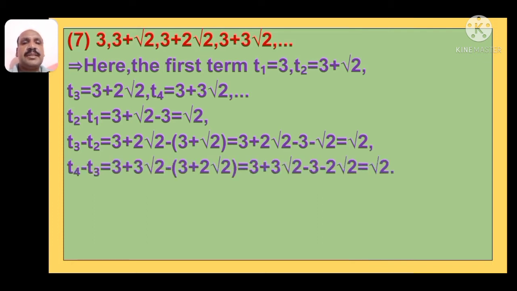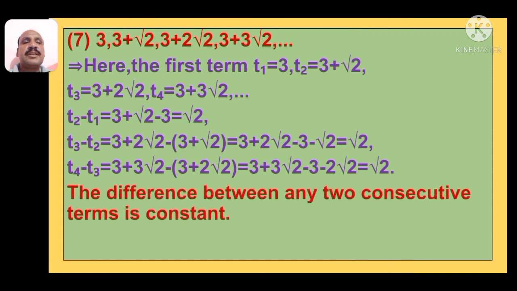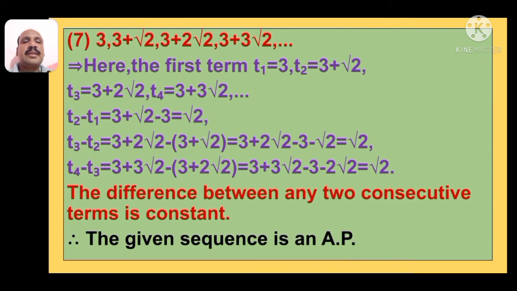T4 minus T3 is equal to 3 plus 3 root 2 minus (3 plus 2 root 2), which is equal to 3 plus 3 root 2 minus 3 minus 2 root 2, which is equal to root 2. Here when we observe, the difference is the same. That means the difference between two consecutive terms is constant. Therefore, the given sequence is an AP, that is arithmetic progression.